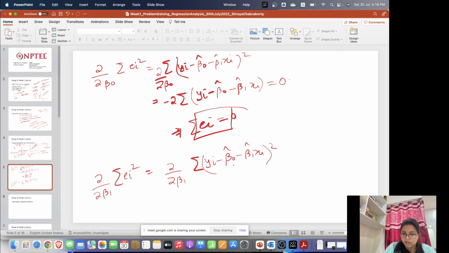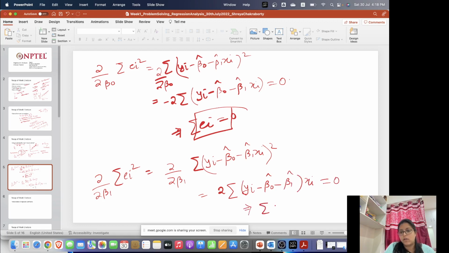so when we do the derivative, this 2 comes in front, yi minus beta naught hat minus beta 1 hat xi, and beta 1 hat has coefficient xi, so that is also going to come here, and we are equating this to 0.